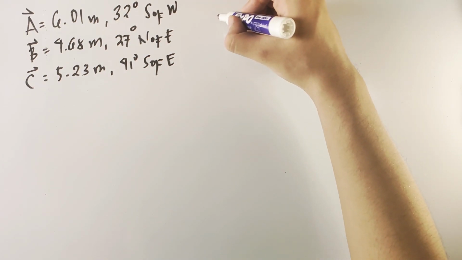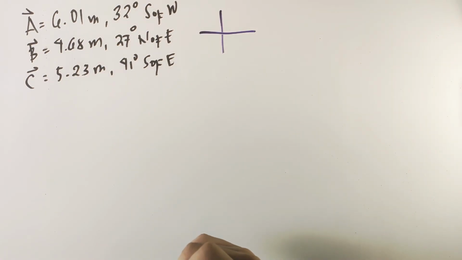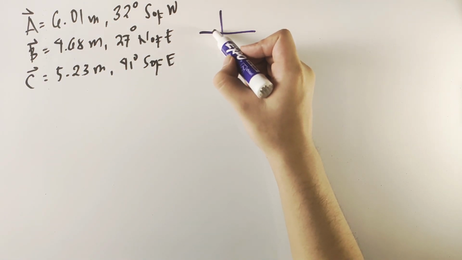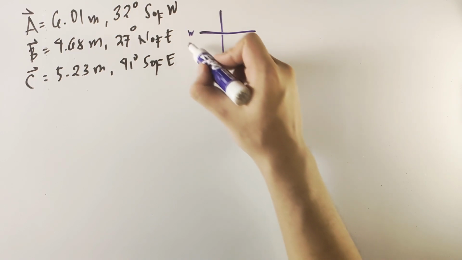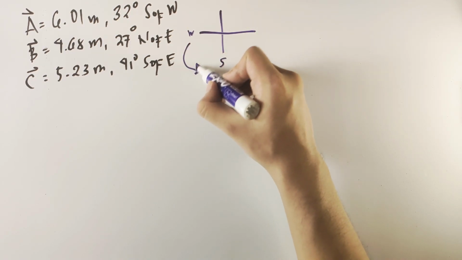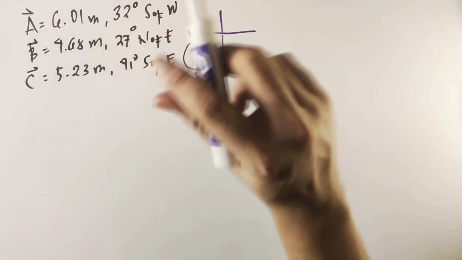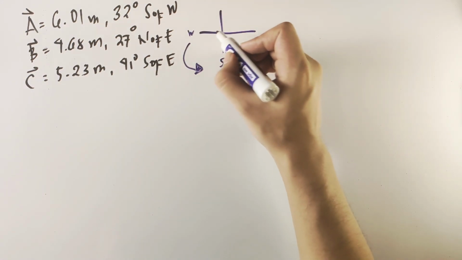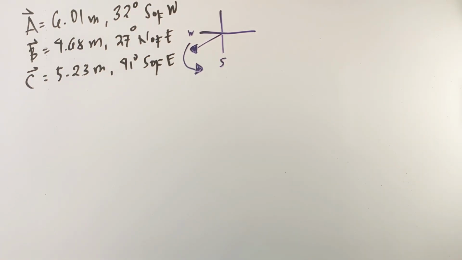So for vector A, I'm going to draw a Cartesian plane. 32 degrees south of west, so we're going to start from west. This is our west going to the south. 32 degrees, so that's a smaller opening, somewhere here. That's the direction of our vector A.